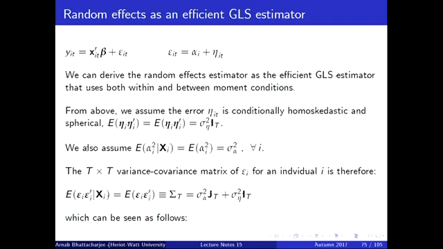The residuals are 0 on average, but that is average across all the NT observations. They are not going to be 0 on average for each individual. You take one individual, average the residuals, that is going to give me an estimate of this guy, and the variation of that across all the individuals is going to give me sigma alpha square.